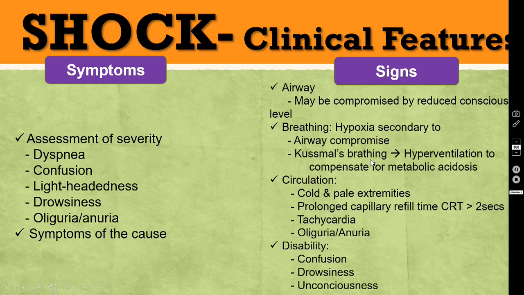This is a compensatory mechanism. Circulation: there will be cold and clammy or cold and pale extremities. There will be prolonged capillary refill time, CRT more than 2 seconds. The patient has tachycardia, oliguria or even anuria. Coming to the disability part, the patient is confused. This is the neurological part: either confused, drowsy or totally unconscious.